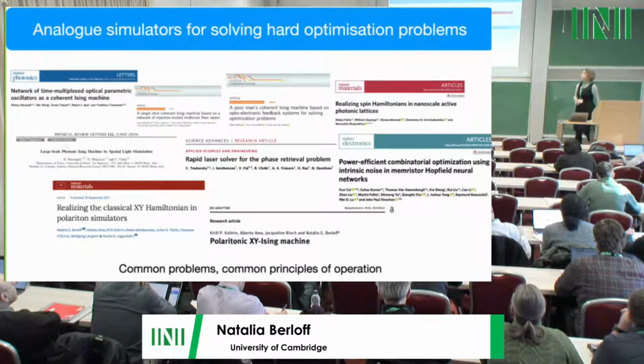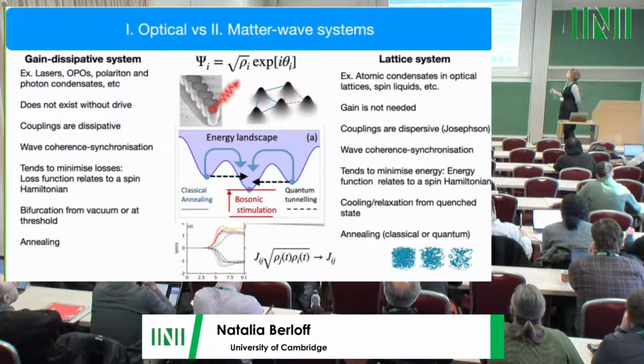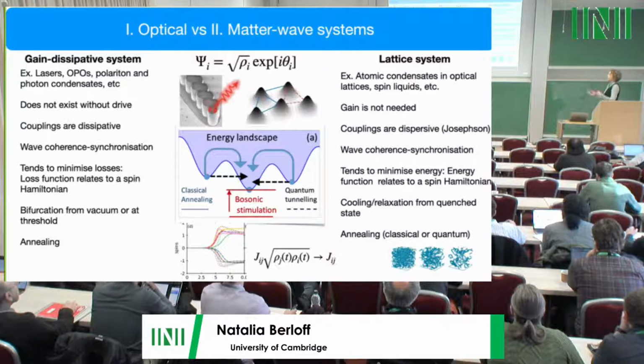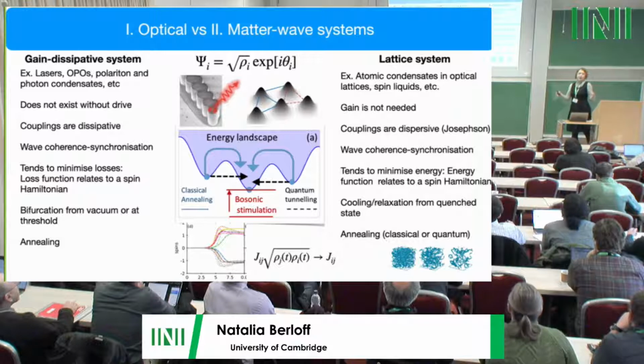Okay, so let me talk about the principles of the system. I can think of two types of systems. One is optical, and one is a matter wave system, conservative or dissipative, but a system that has a properly defined ground state. For the optical, I think of gain-dissipative systems, such as lasers, optical parametric oscillators, polariton and photon condensates, magnon condensates. All these systems would not exist without a drive.